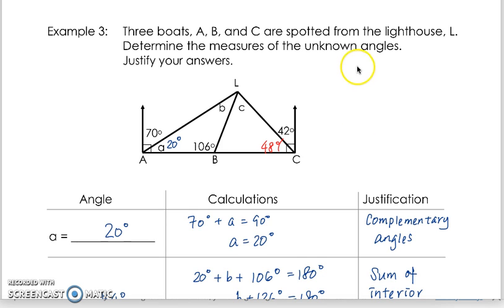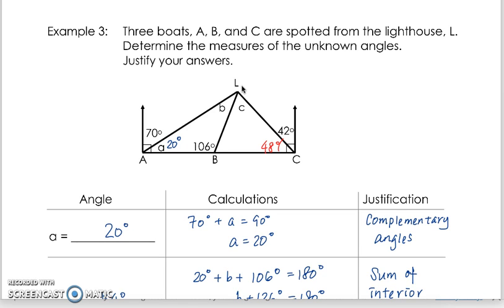Example 3. Three boats A, B, and C are spotted from the lighthouse L. Determine the measures of the unknown angles. Justify your answers. So here is the diagram. Boats A, B, and C in their locations, and lighthouse L is right here.